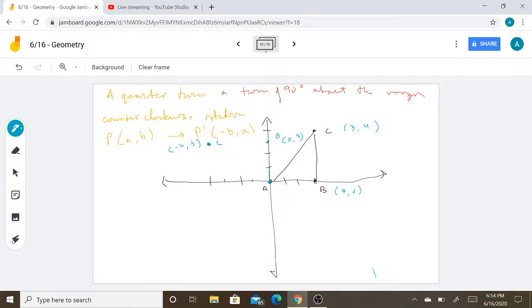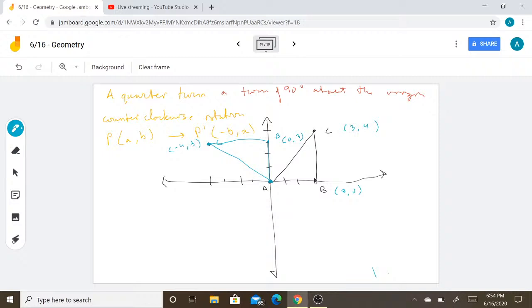And if we connect these points, this is a representation of a quarter turn about the origin in the counterclockwise direction. And I can go ahead and show you a clockwise rotation.